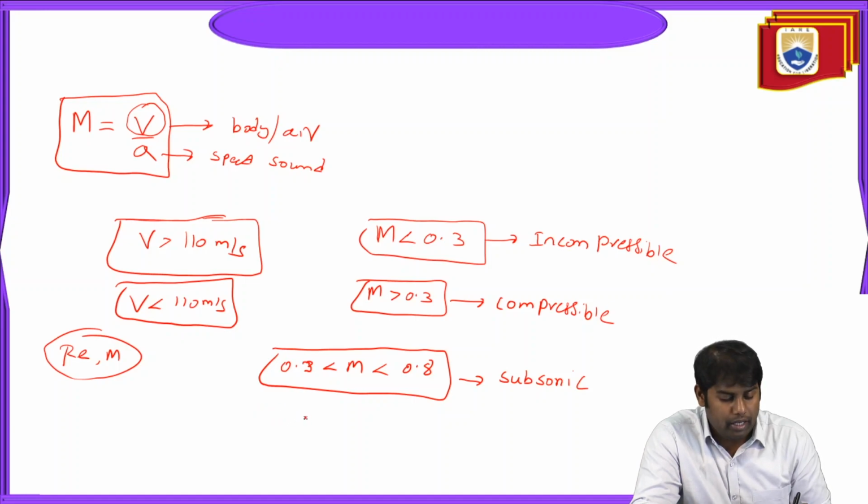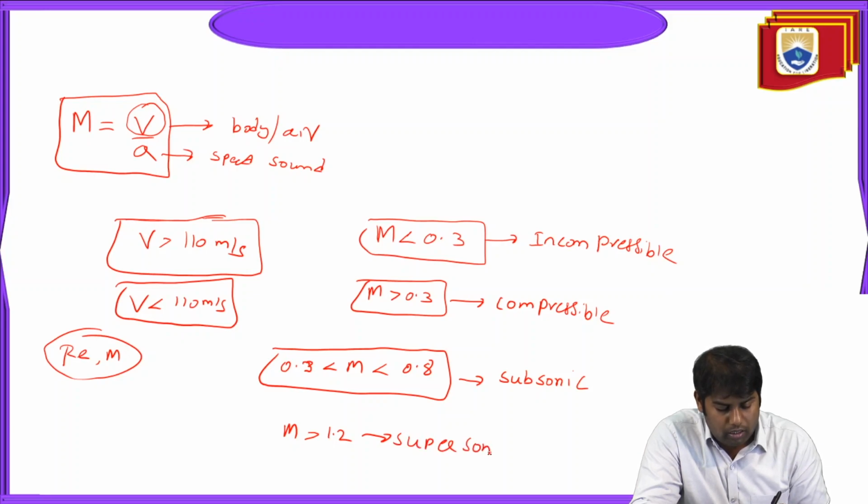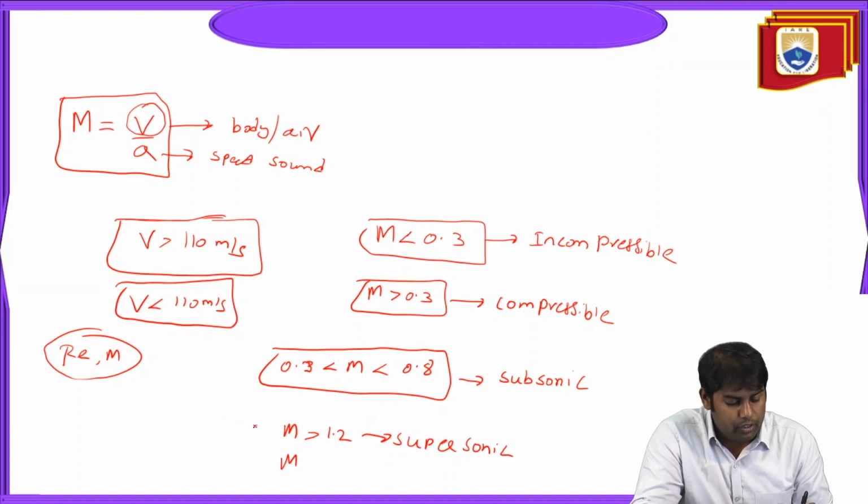If it is greater than 1.2, we say it is supersonic, and it should be less than 5.